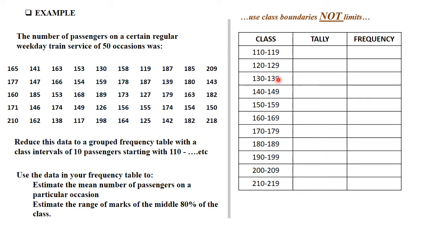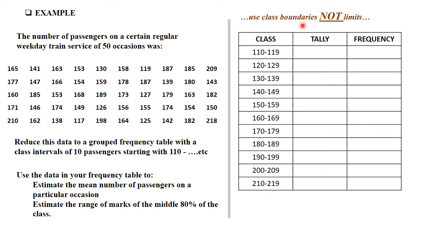So we would not be sure where to place that particular number, because is it in the 120 to 130, or is it between 130 and 140? So to eliminate that kind of confusion, we use the class boundaries, not limits. These are boundaries, not limits. Limits are the kind where the value that ends here is the one that begins here. And so that point should really be taken with great seriousness.